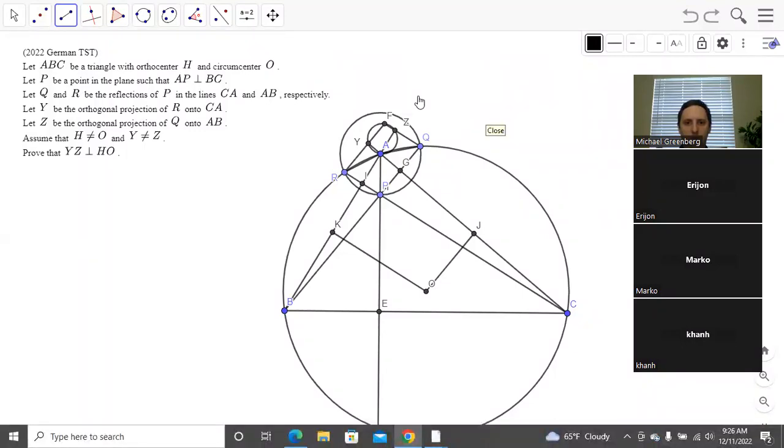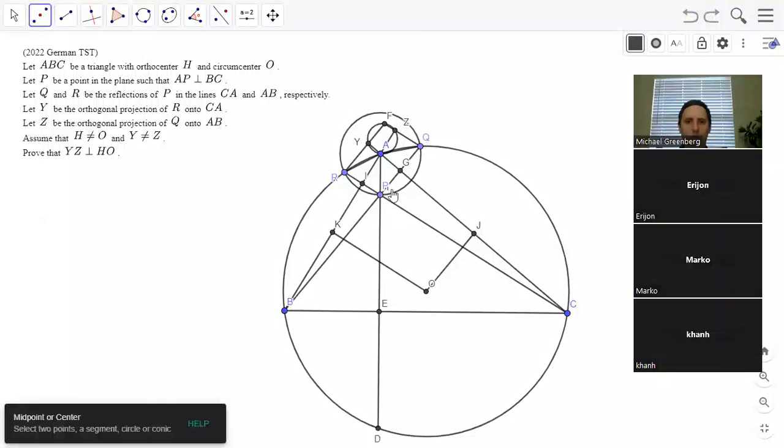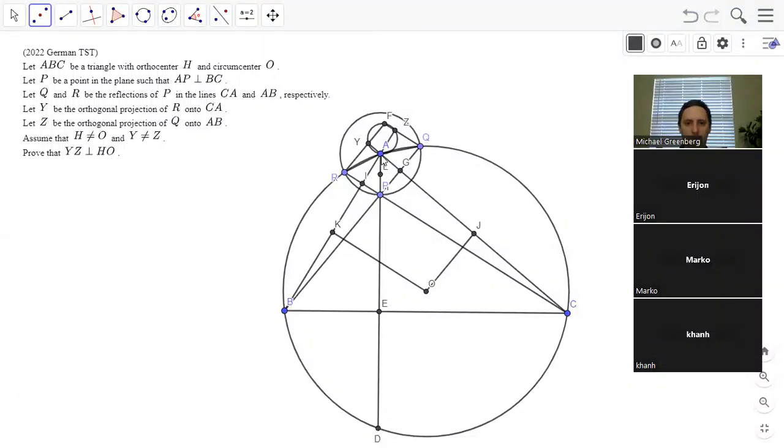If we define the midpoint of AP, it is the center of AGPI. Yes, that's true, because these are all right angles. But yeah, I could draw that in. So like a homothety. I think you're just using a homothety with ratio half, right? But yeah, that's true.